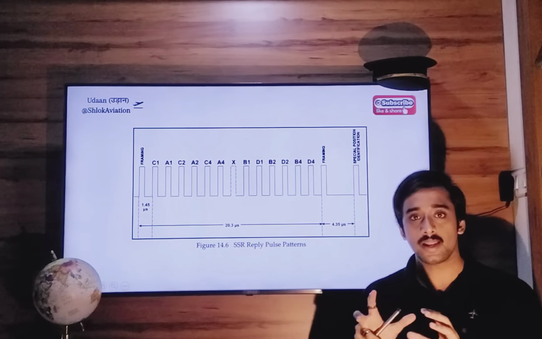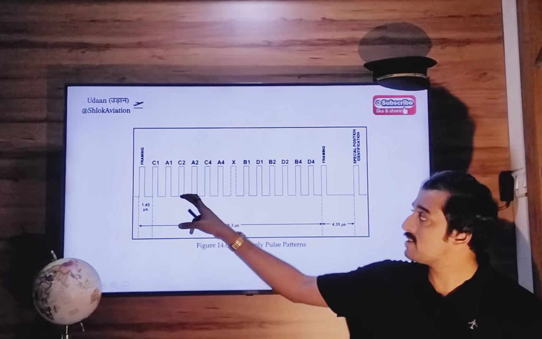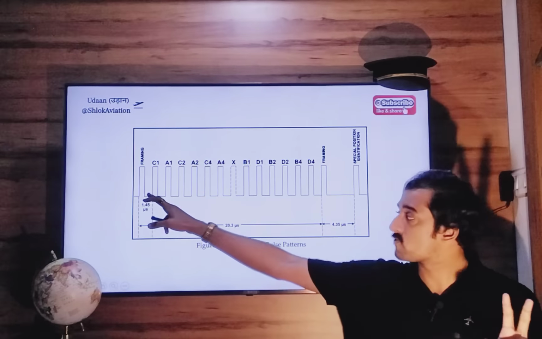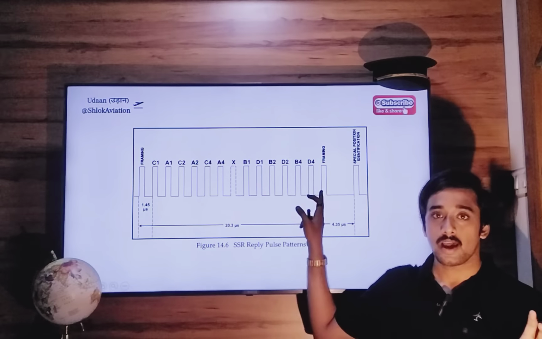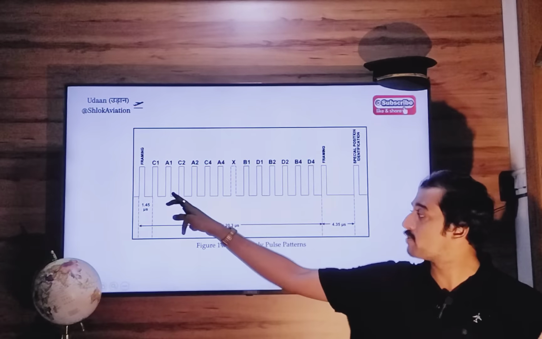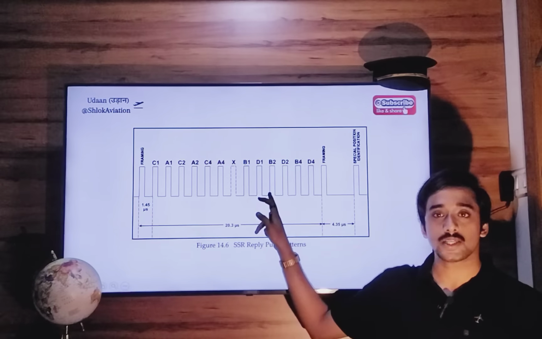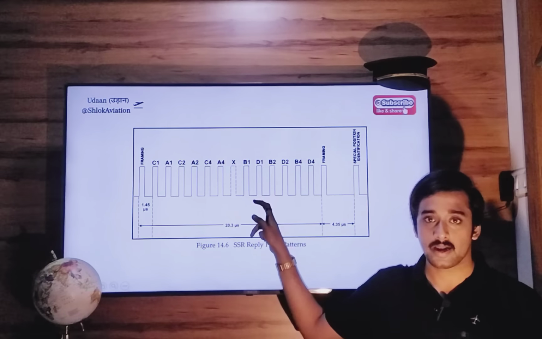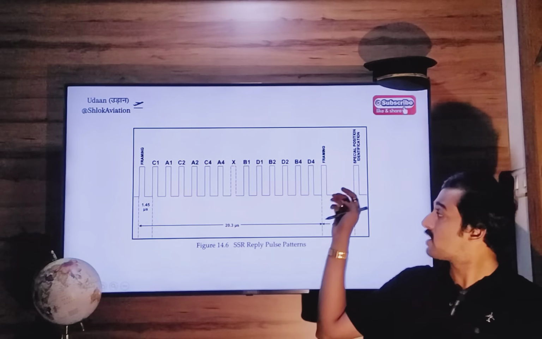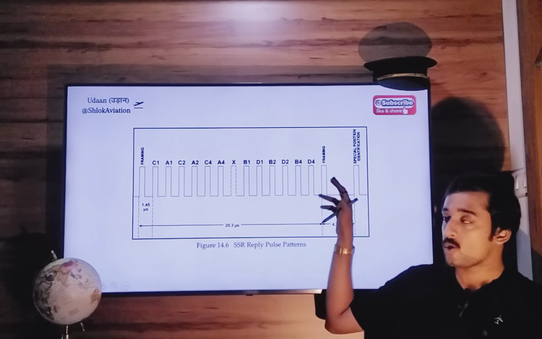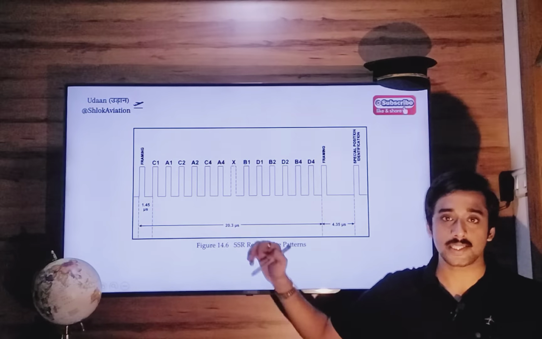Normally, your transponder sends two framing pulses, framing pulse 1 and framing pulse 2, and between these two framing pulses there are other pulses that are also sent. But when you press the ident button, an additional pulse is sent along with these two framing pulses to the ATC controller.